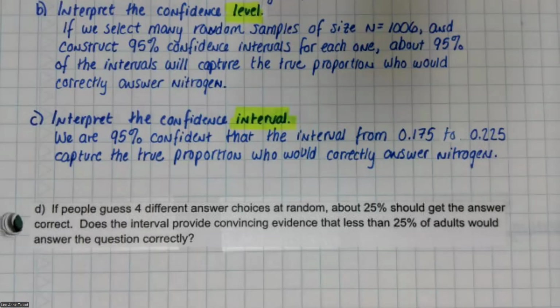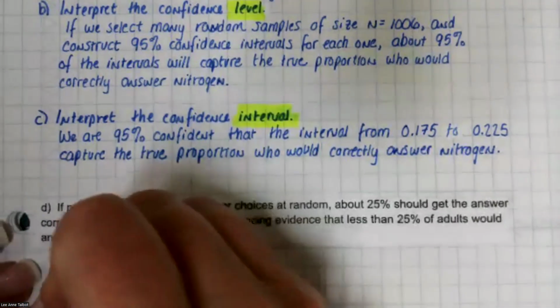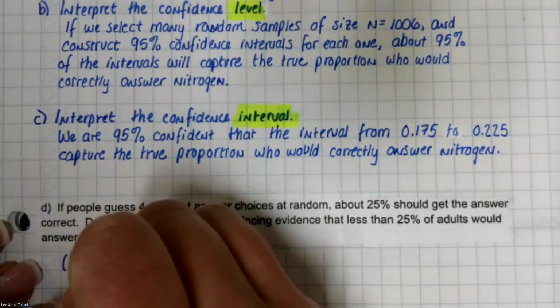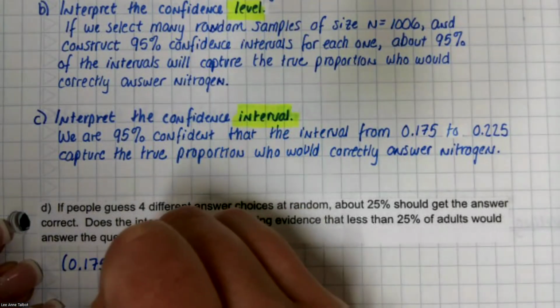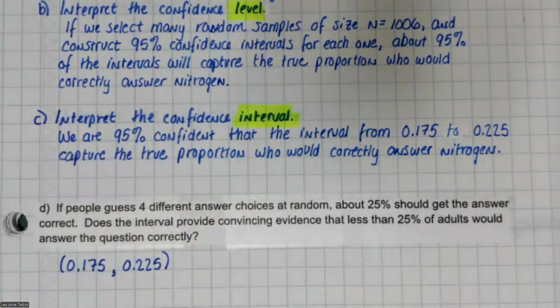Does the interval provide convincing evidence that less than 25% of adults would answer the question correctly? Okay, let's look at the numbers in the interval. Are all of the numbers in the interval less than 25%? Okay, let me go back and say what this is saying.